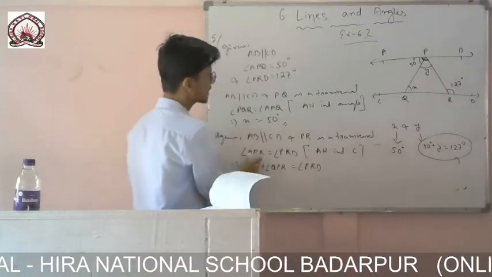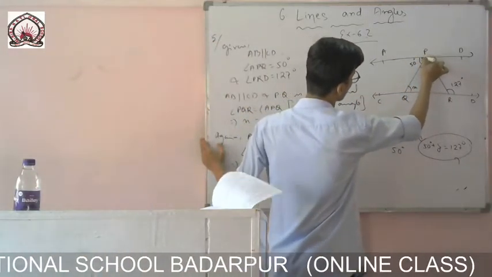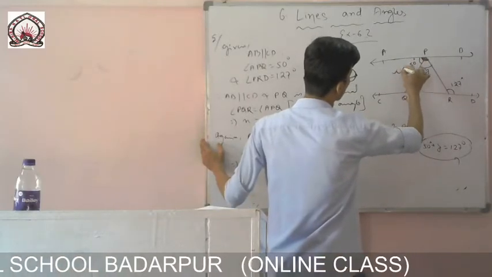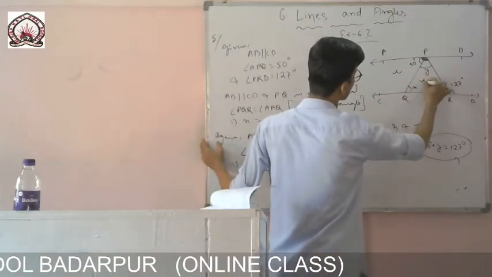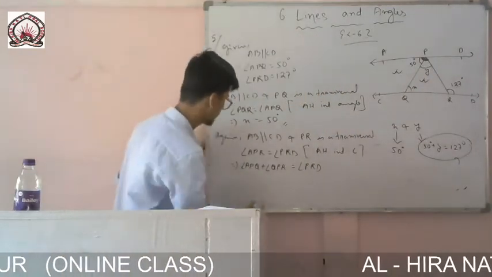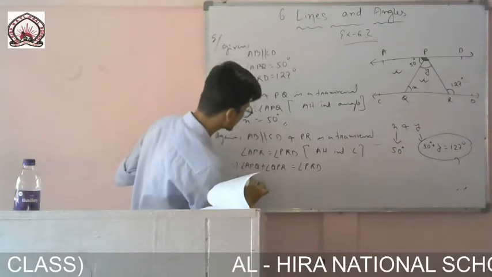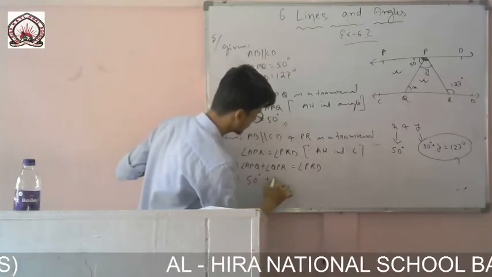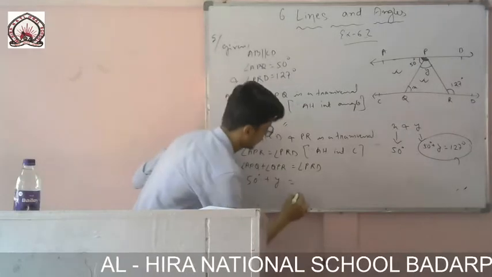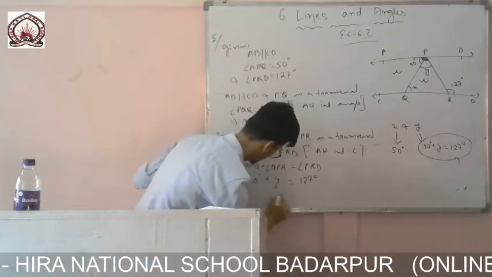What I have written in place of APR, this whole angle, is angle APQ plus this angle QPR, and it equals PRD. So APQ is 50 and this one is Y, equals 127 degrees.